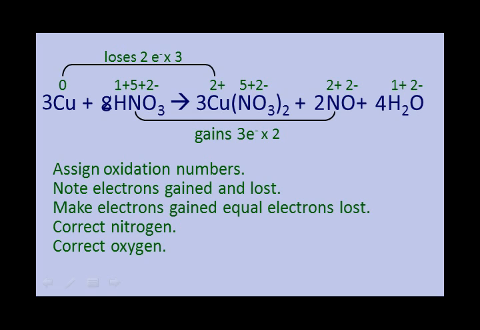So I need 4 here, because to get it to 24, I need 3 more than what I had, and I had 1, so I need a total of 4. Check hydrogen. 8 on the left, 8 on the right, 3 coppers, 3 coppers, 8 nitrogens, 8 nitrogens, 24 oxygens, 24 oxygens. Hey, it's balanced.